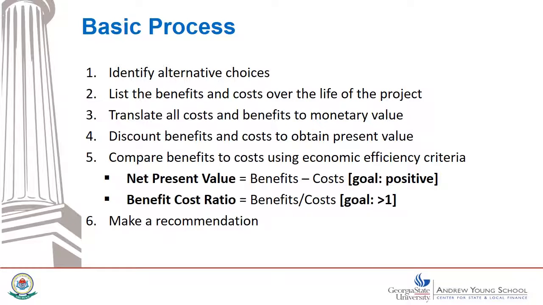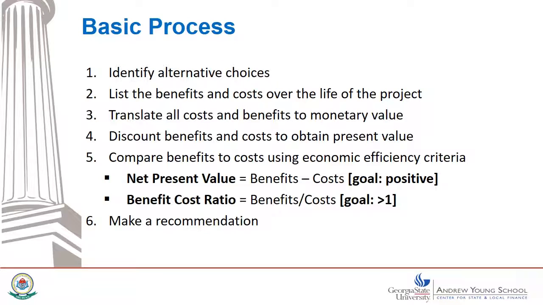The fifth step is to compare the sum of the present value of benefits to the sum of the present value of costs. By doing so, we can determine if the project or program under study meets economic efficiency criteria. There are two measures. First, net present value is where benefits exceed costs, so a positive monetary result is economically efficient.